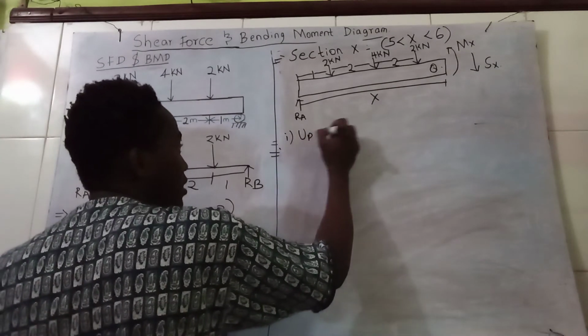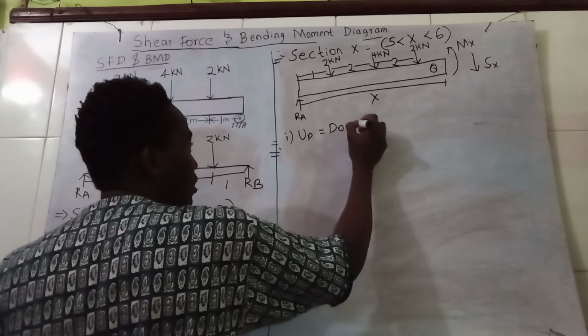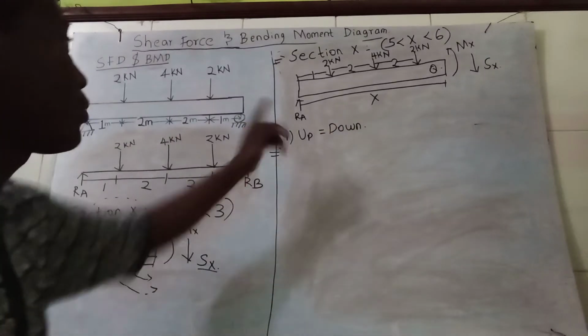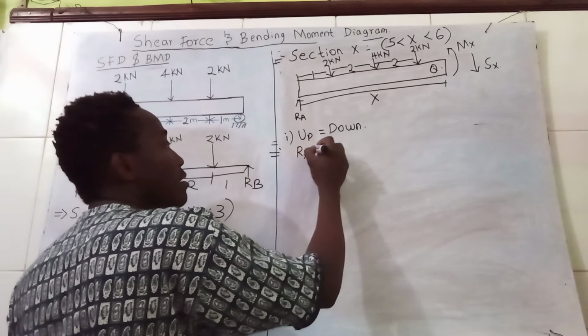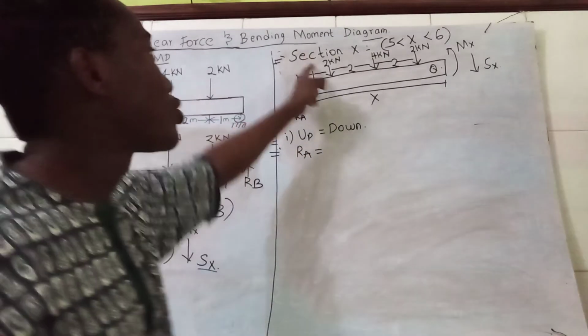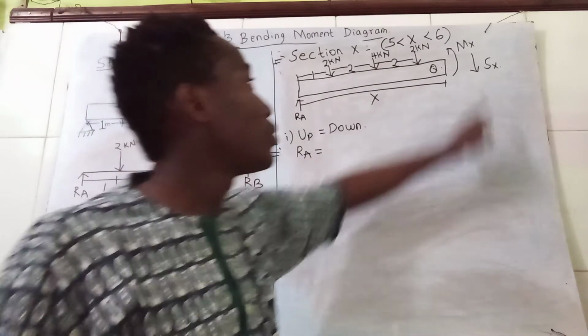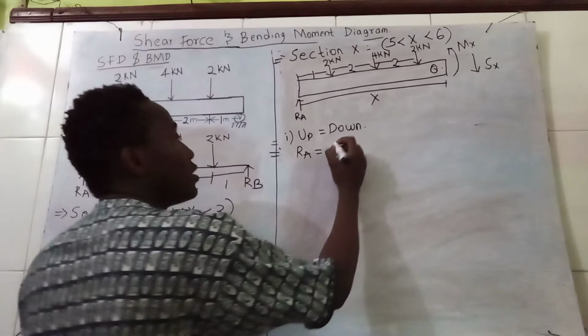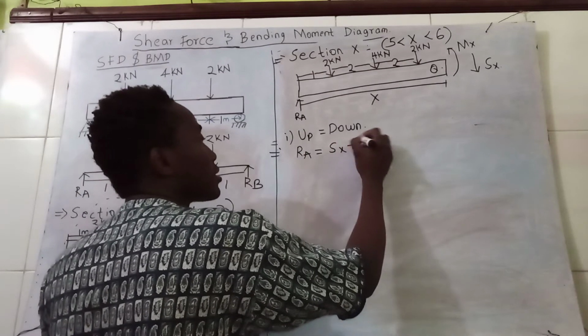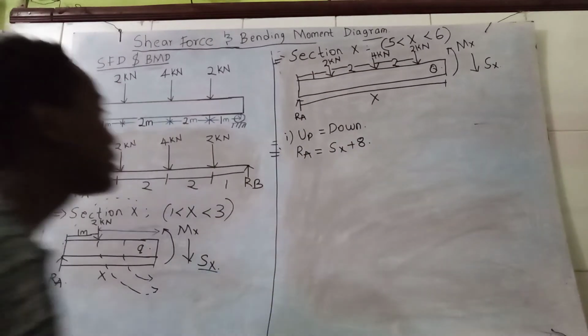Upward forces equal downward forces. So upward force RA equals 2 plus 4 plus 2 plus Sx, that is 8 plus Sx.